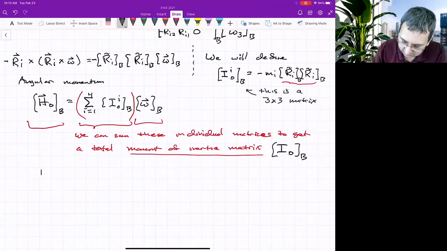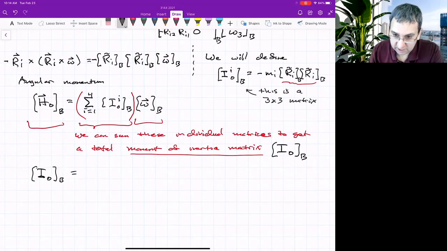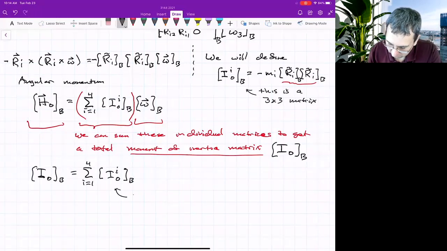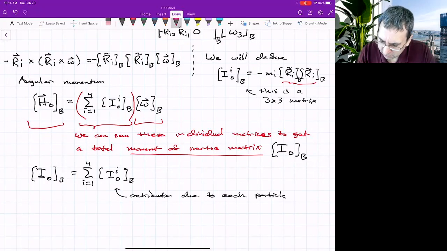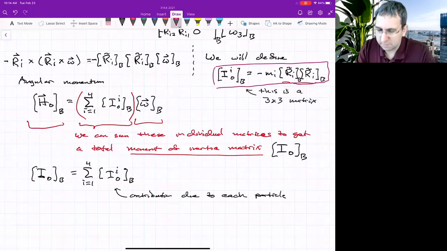So I, moment of inertia with respect to the point O, in this case is the sum, 1 to 4, of these contributions due to each particle. And if you look over here, the way that we wrote it is kind of obscure: negative mass times these two bizarre matrices multiplied by each other.